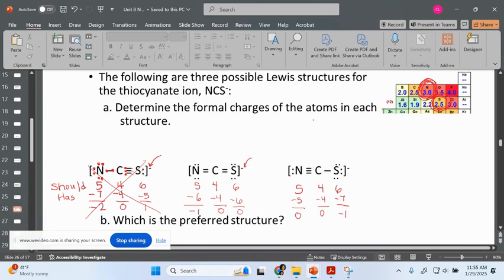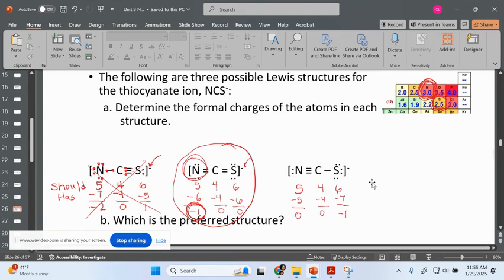So which one do I want to go with? This one right here, because the negative formal charge is on the more electronegative element.